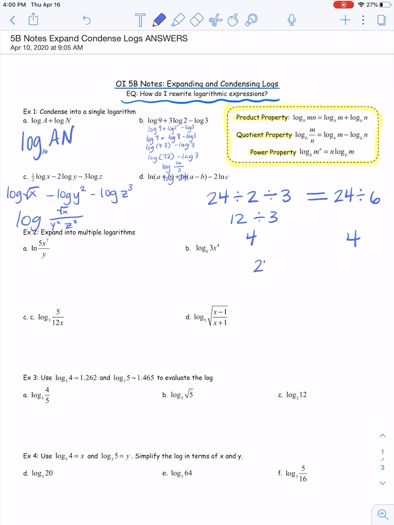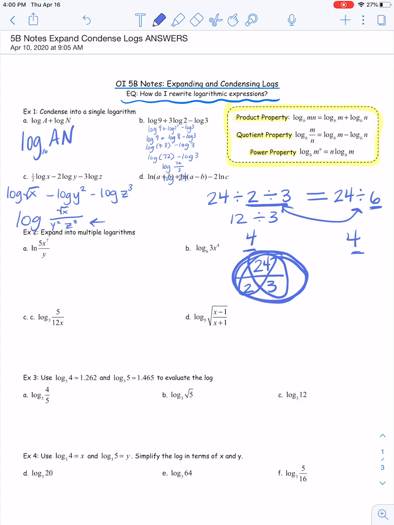So looking at that from this perspective, 24 is being divided by 2. 24 is also being divided by 3. So I'm getting that same quotient of just 4. I can combine those last two by multiplication and keep them in the denominator as I did here.